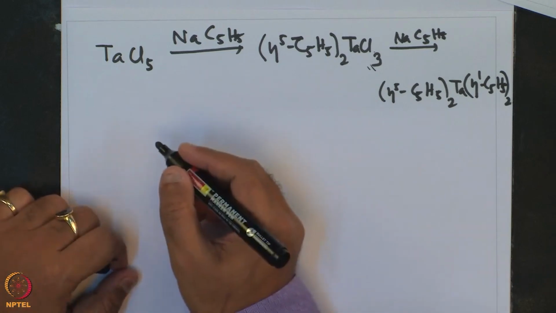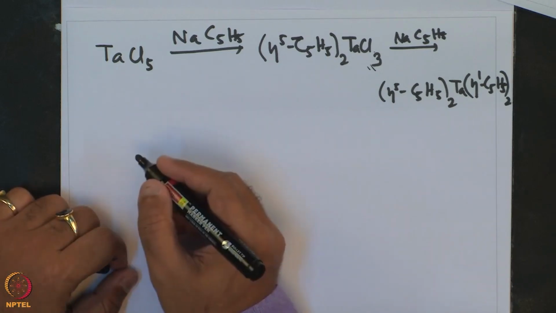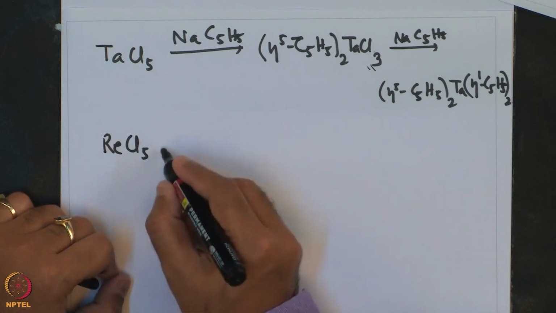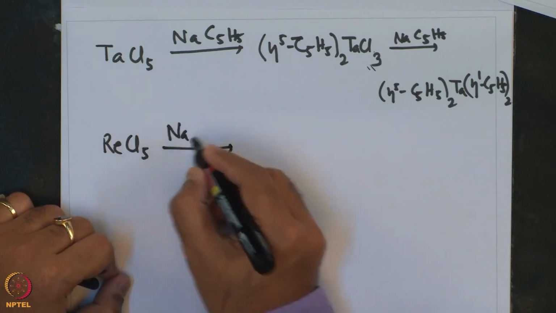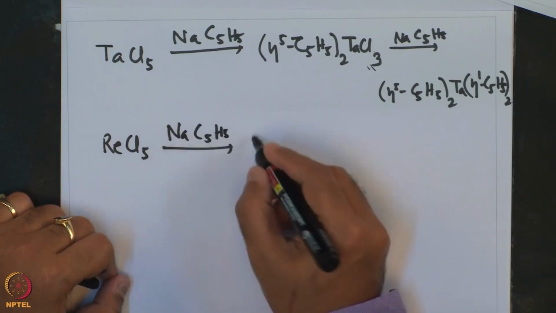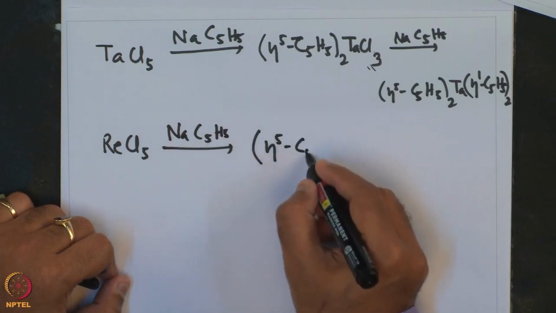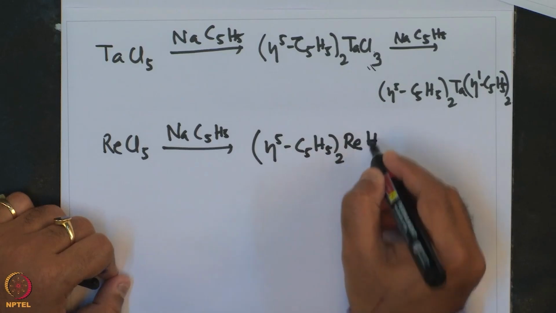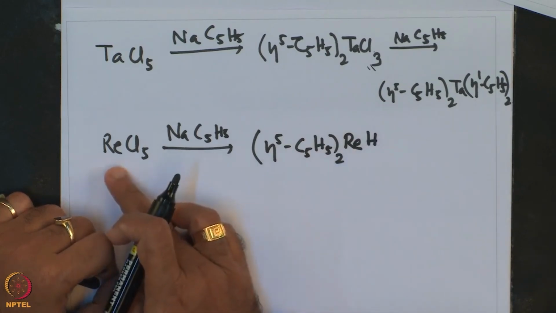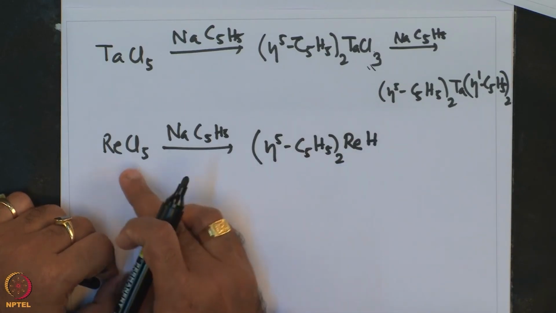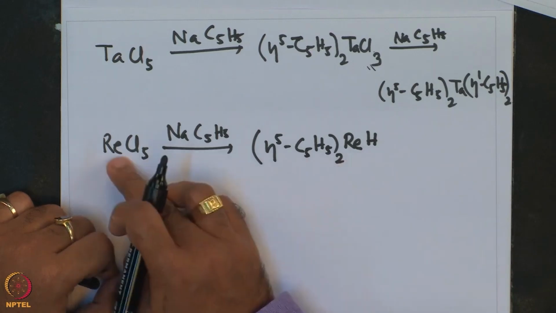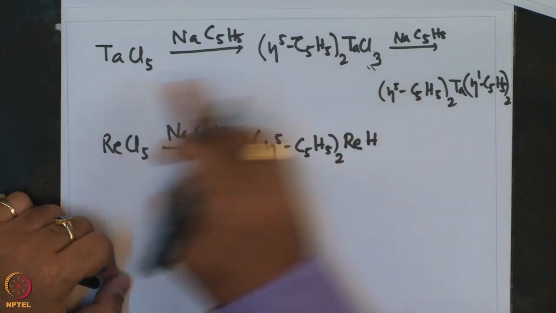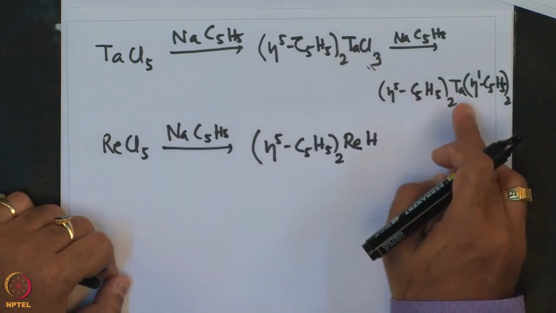Similarly, for rhenium, ReCl5 with sodium Cp, one gets eta 5-(C5H5)2 rhenium hydride. So, here also rhenium has undergone a reduction, over here from +5 to +3, and in the earlier case from +5 to +4.